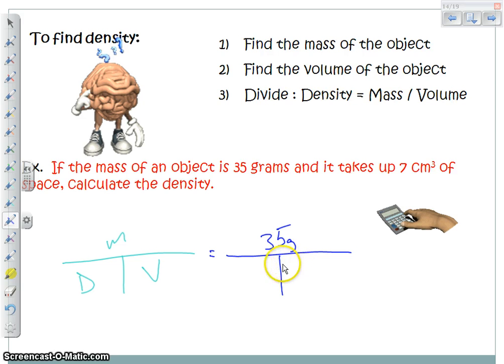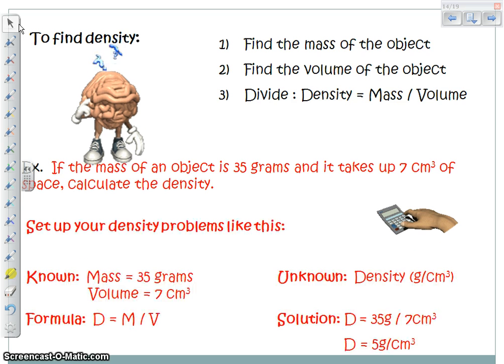I know my volume is 7 centimeters cubed, so I'm taking my 35 grams and dividing by 7, and my whole thing is going to be 5 grams per centimeter cubed. If you want to look at it a little neater, you show the knowns, show the formula, show what we're looking for, our unknown, density, and we end up getting our answer of 5 grams per centimeter cubed. Pretty straightforward, pretty easy. If you bring a calculator to class, these should be pretty simple.